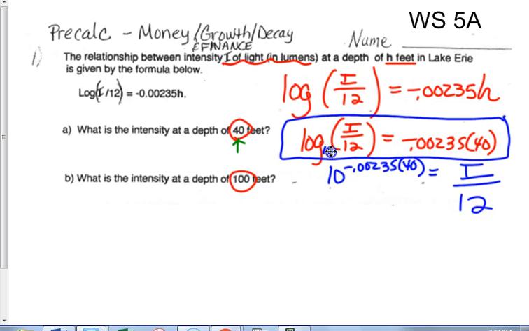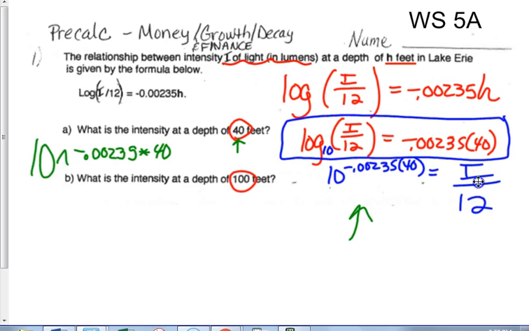I have to rewrite it. So I get 10 to that icky power equals I over 12. Can I type all of that in my calculator? And then I'll have to do what? Multiply by 12. So I'm going to type 10 to the power of negative 0.00235 times 40.